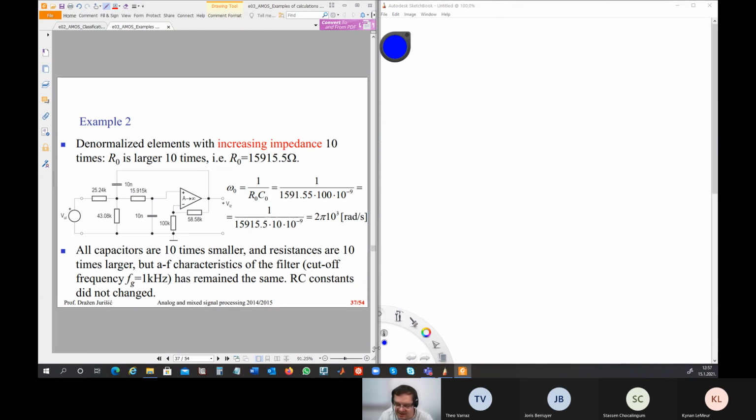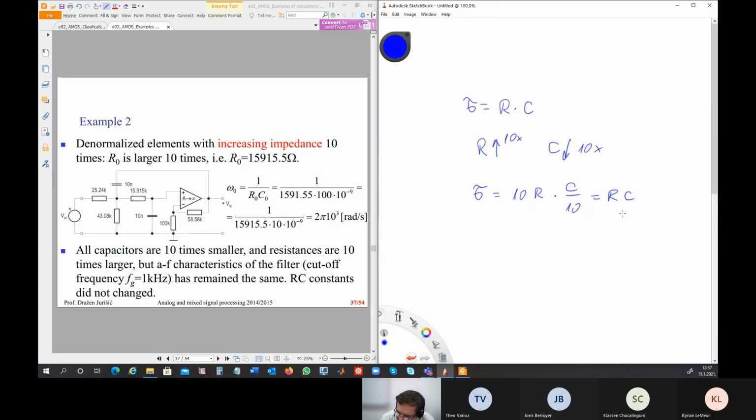So you see that tau is R times C. If you increase R 10 times and you decrease capacitors 10 times, the product will be 10R times C over 10.